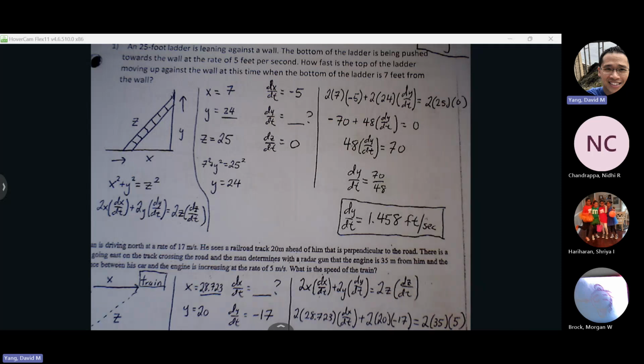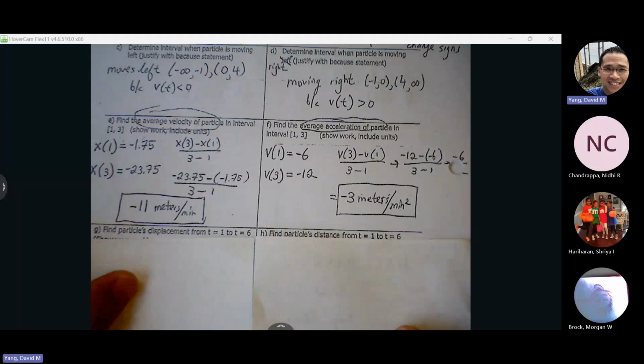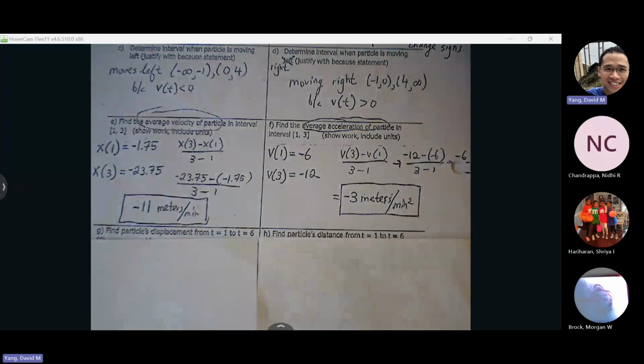So the tricky part is that the function mentioned in the problem is not the one that we use. So we're just doing slope for the appropriate functions. Find x of 1, find x of 3, use your calculator.